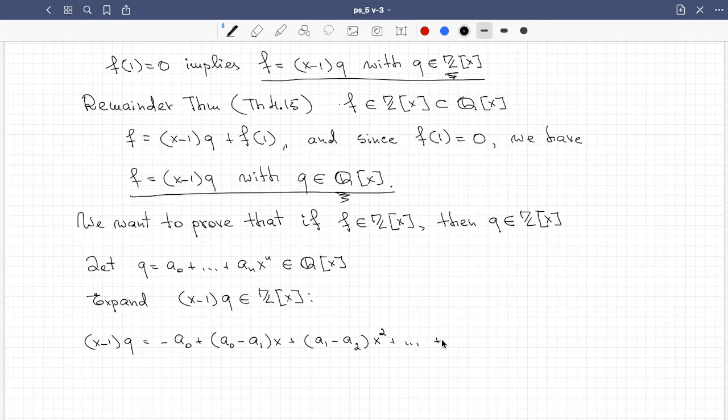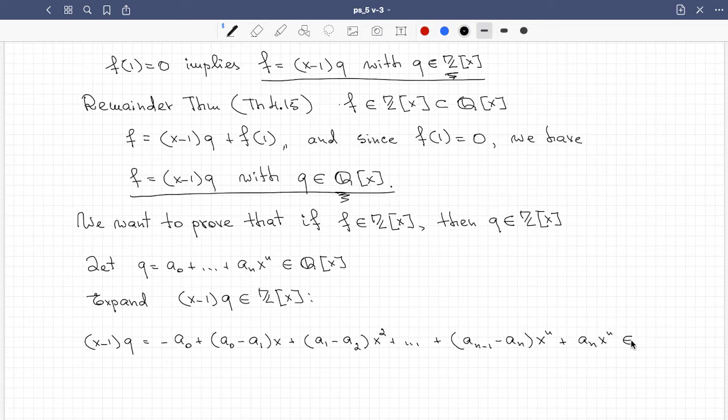It is going to be a n minus 1 minus a n times x to the n, that is the penultimate term, and the very last term is going to be a n x to the n.